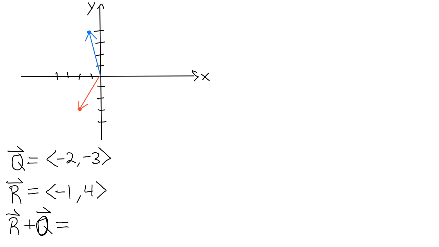So I'm actually going to move this. So you start with R, so it goes tail to head, and then the tail of Q goes there.